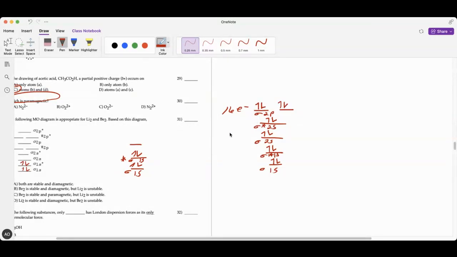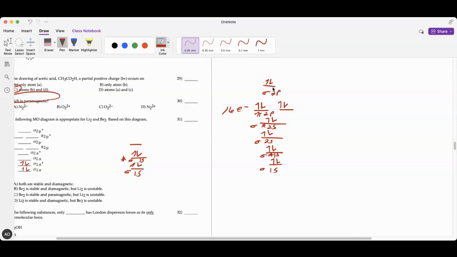And then after the sigma 2p, or after the pi 2p, sorry guys, that should be the pi 2p. I'm trying to go too quickly, and that never works. Okay, so after the pi 2p, then we have the sigma 2p, and so we'll put 2 electrons in there.